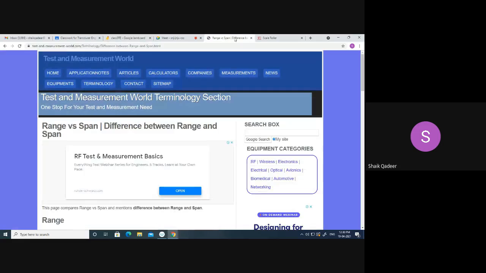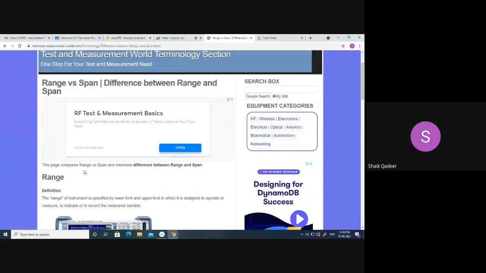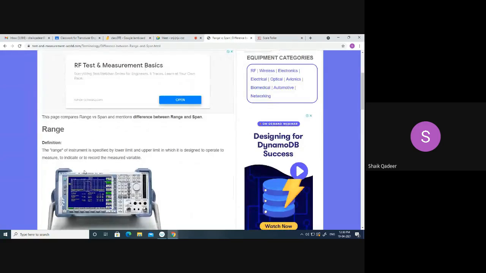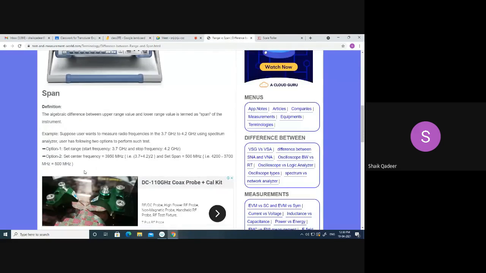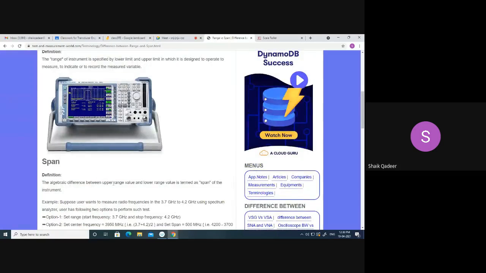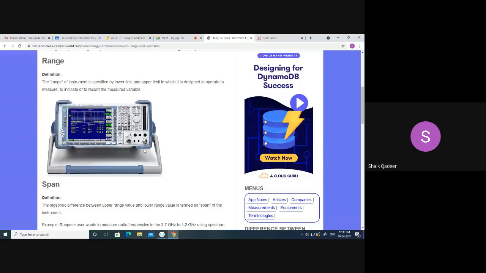So let us see this page which is covering the difference between range and span. Let us suppose that we have an instrument which is doing spectrum measurement. Have you worked on CRO, cathode ray oscilloscope? This is just similar to CRO, except that here the x-axis is frequency.